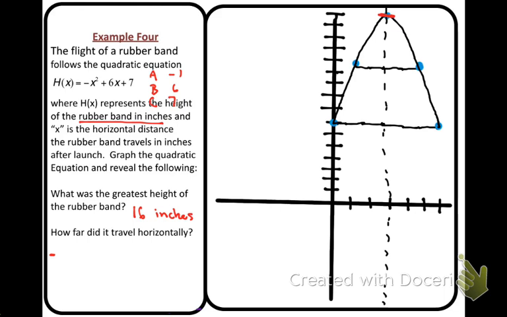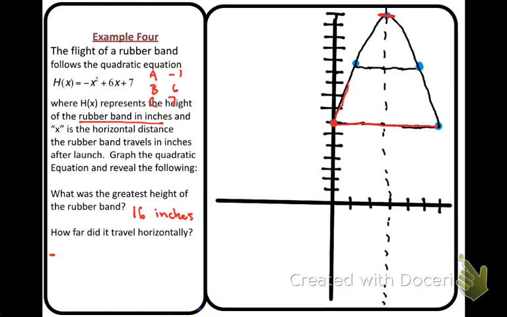And now, how far did the rubber band travel horizontally, right? Horizontally, we're talking about side to side. So if we look, we can assume that it was launched from right here. So we can say that that was the ground where we're standing, and we launched this rubber band, and it traveled all the way to here, right?